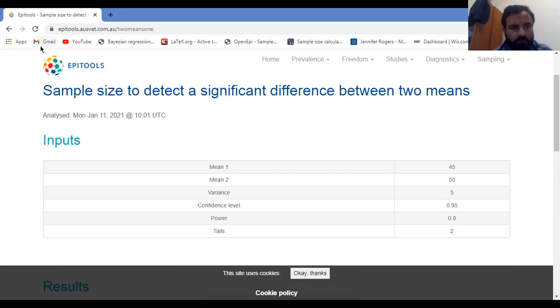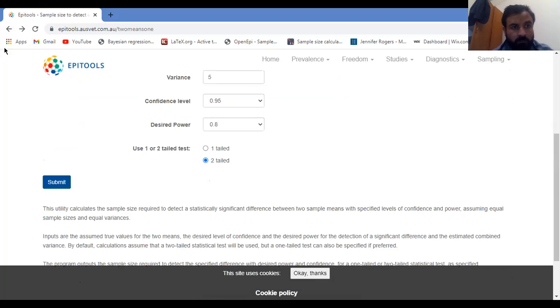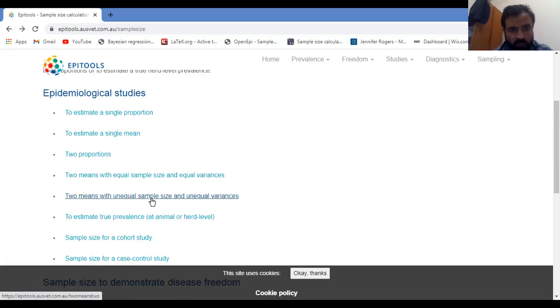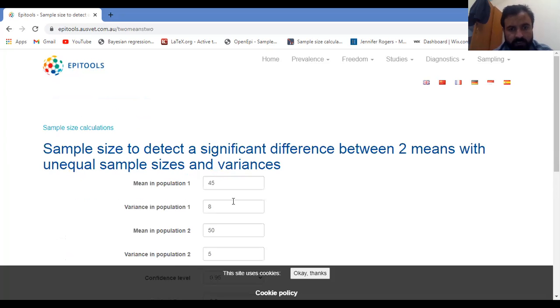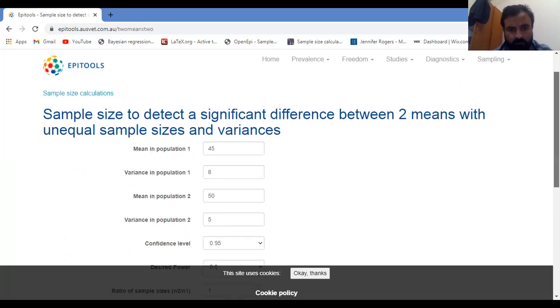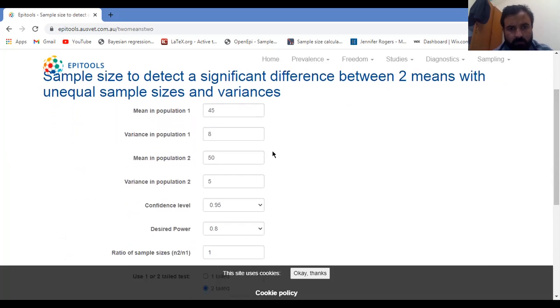You can also choose the option of different variance for the two groups, or for two subpopulations, and unequal sample sizes. So we need the population mean for population one, mean for population two, variance in population one and variance in population two, and the 95% confidence interval.